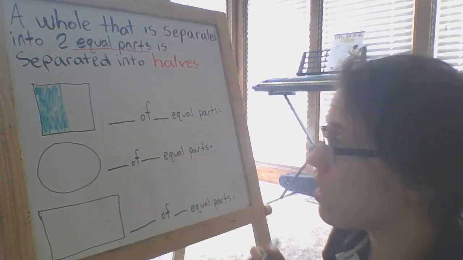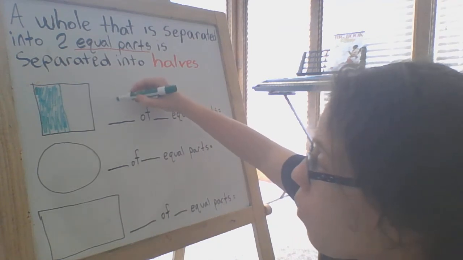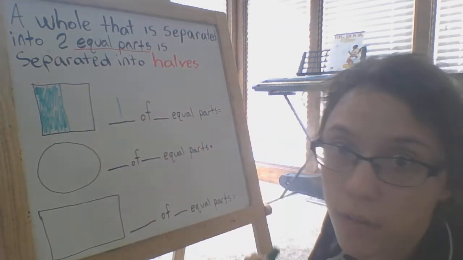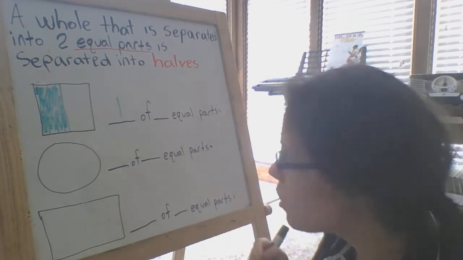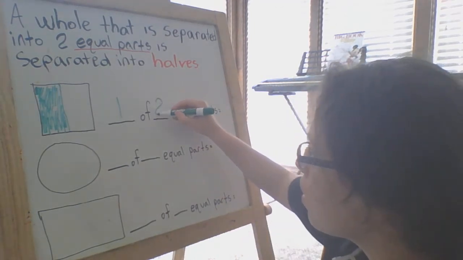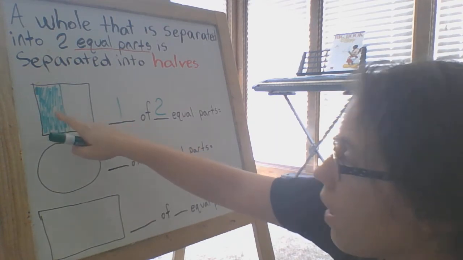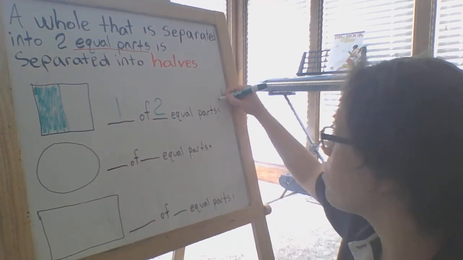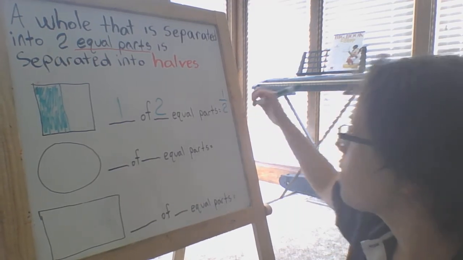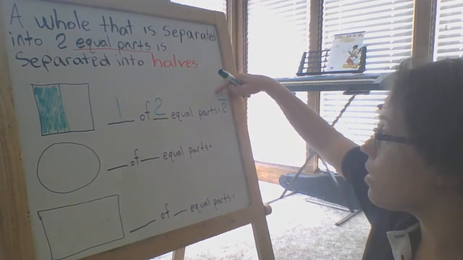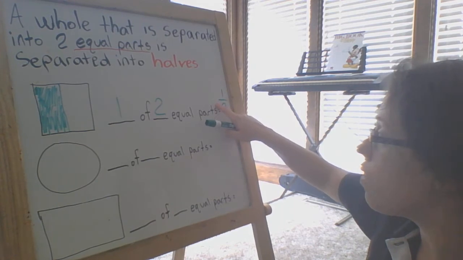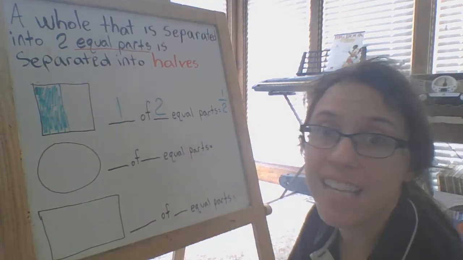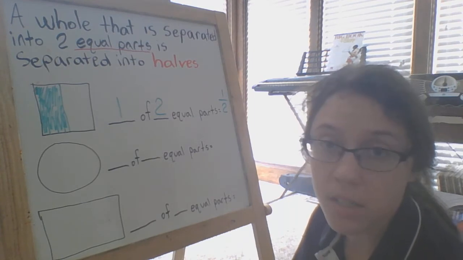What this means is we shaded in one of the, how many equal parts did we start off with? 2. We shaded one of the 2 equal parts. If you stack those on top of each other, one part is shaded out of the 2 original parts. That is 1/2. 1/2 is now shaded.